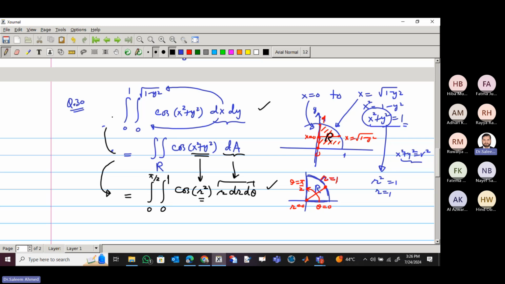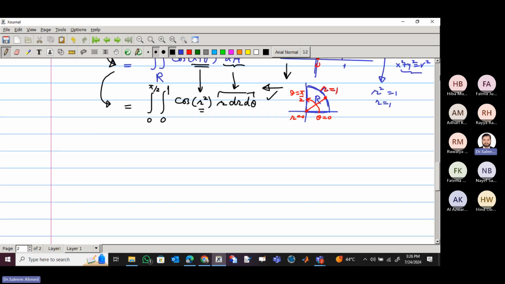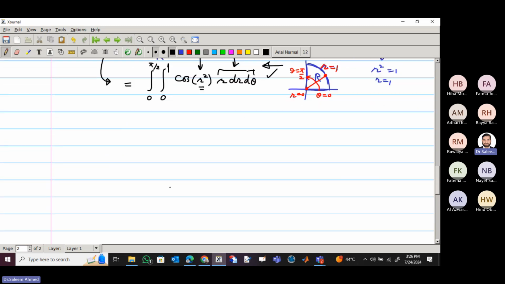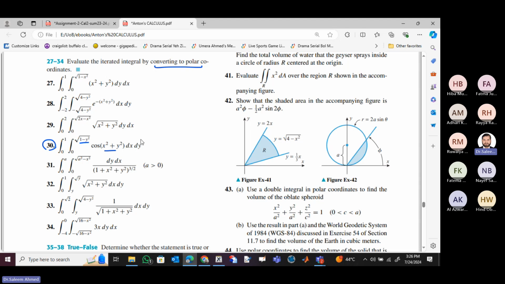But we started from here. I started from here and I wrote the general integration. From here, I wrote my region R, right? I got my polar region and I came back to this question. So when you have to change the coordinates, from the integral, get the region R, whatever that is, and from that region R, again write the integral, but now in polar coordinates.